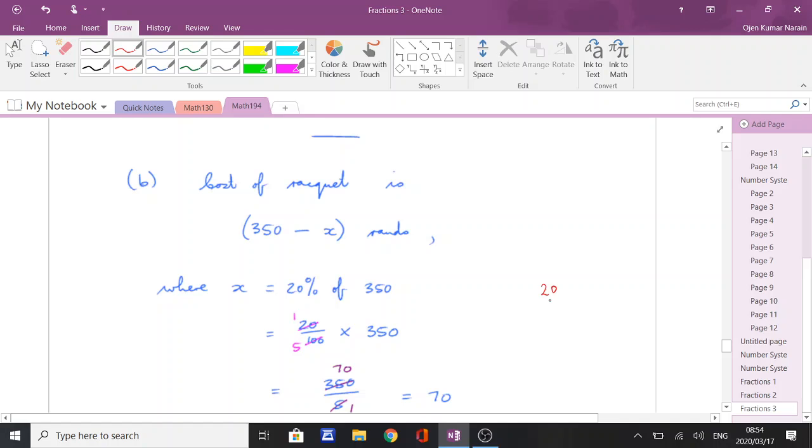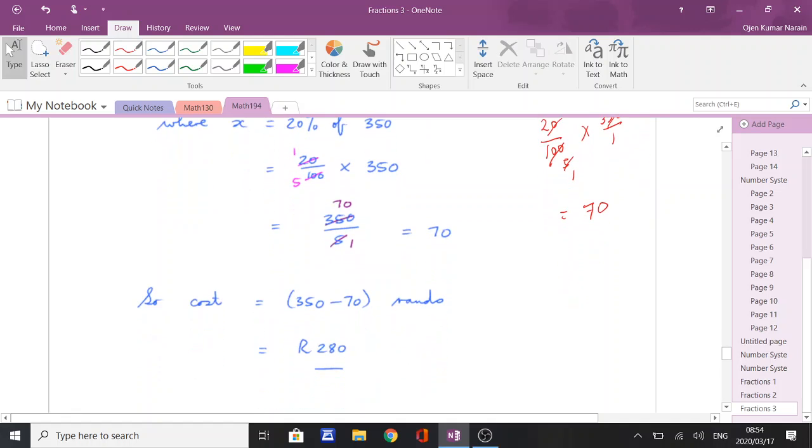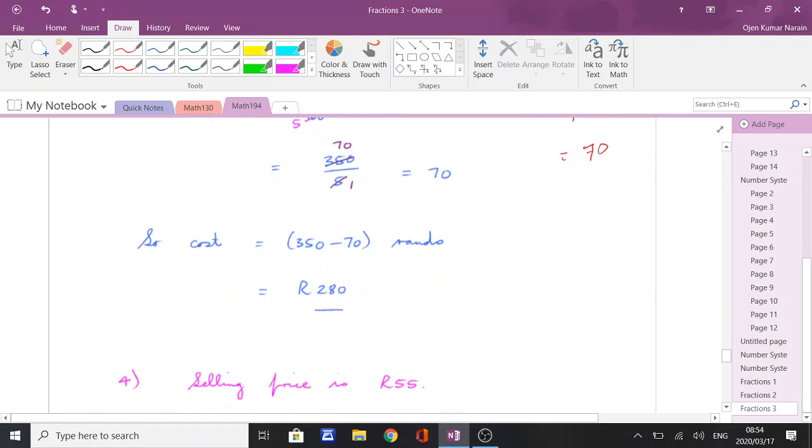So 20% of 350, 20 goes there 5 times, 20 goes there 1 times, 5 goes here 1 times, 5 goes there 70 times. So that's equal to 70 rands. So the cost of the racket now is 350 rand minus your discount. Your discount is 70 rands. So the cost of the racket is 280 rand.